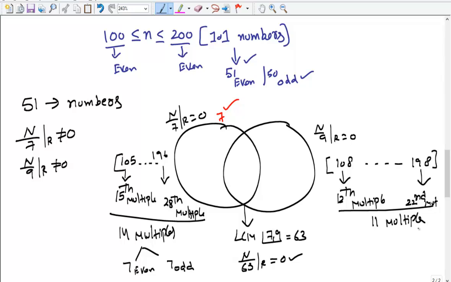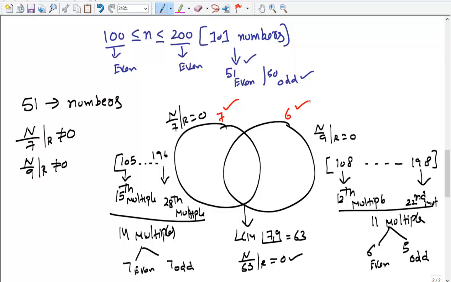So started from even and ended with even. It means out of this 11, 6 are even multiples and 5 are odd multiples. Since we need to consider only the even multiples, we just need to take 6 here. That's it. So our task is almost completed except the combination of both 7 and 9.